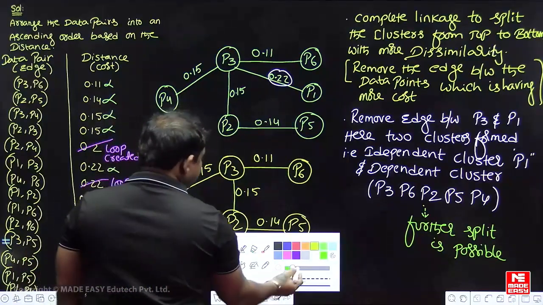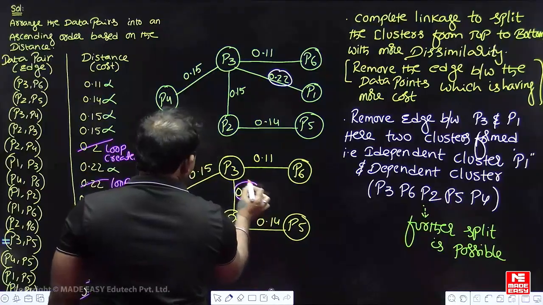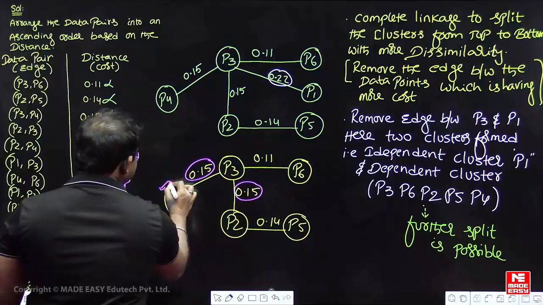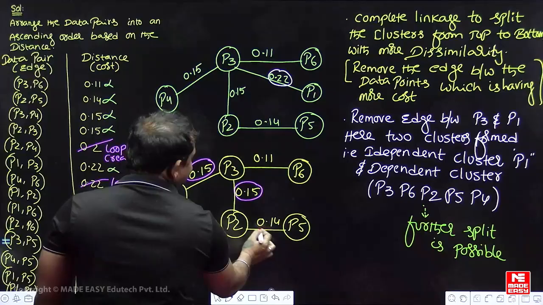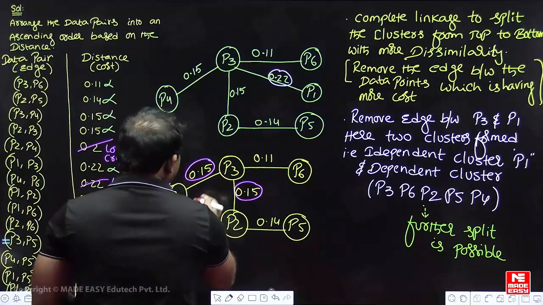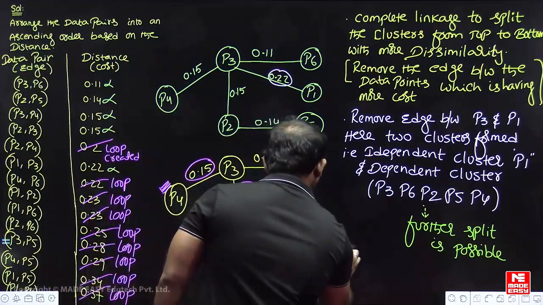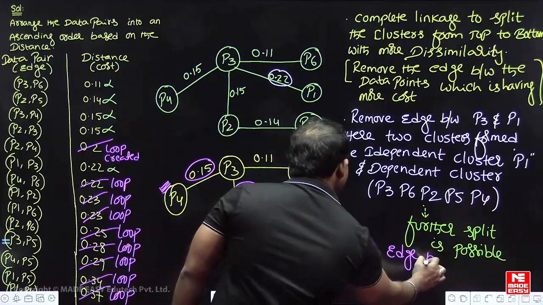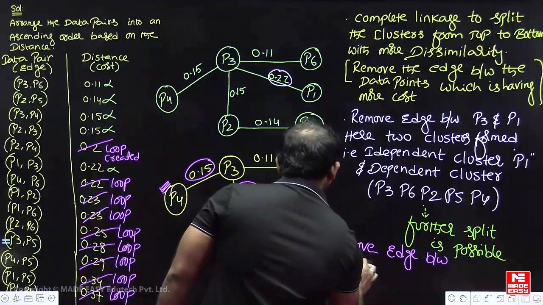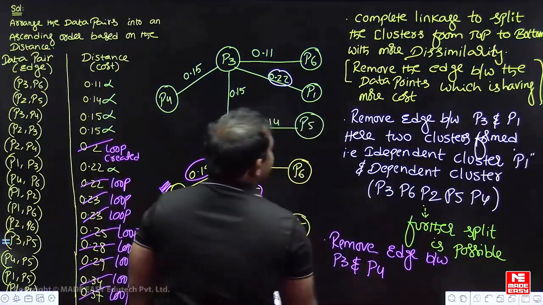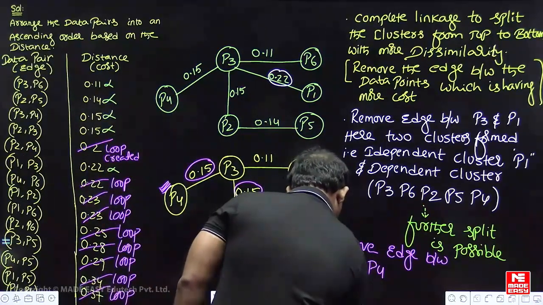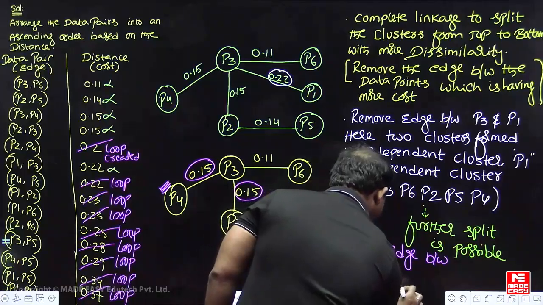More cost edge is 0.15, 0.15. P4 is an independent node, but P2 is dependent. That's why we remove the edge between P3 and P4. Now P4 becomes an independent cluster.